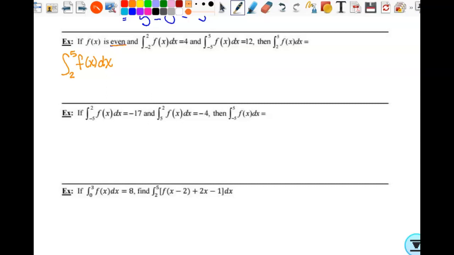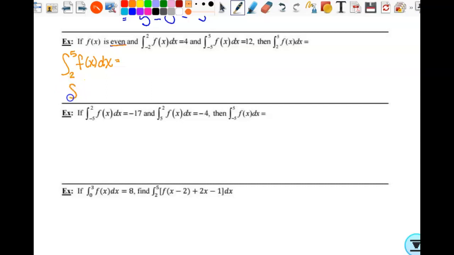Let's think about this. I don't know that we're going to be able to add and subtract exactly like we did before. But since it's even, what do we know that we can do with this? What can I find from this if it's even? From 0 to 2? You get 2. So this is what I'm going for in the end.